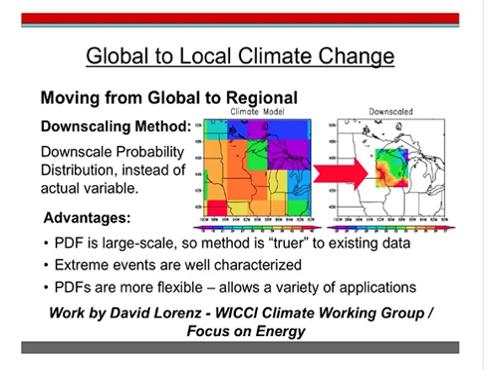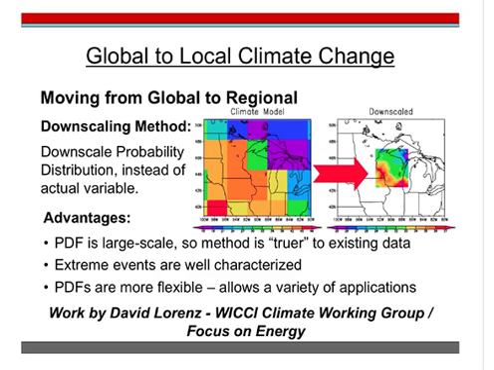Our methodology is based on downscaling the probability distribution of what could be occurring at the small scale, given that we know some information from the large scale. I'll give an example in 2 seconds here. The advantage of this is that the probability distribution is large scale, so it's more true to the existing data in the first place. We can retain the extreme events because we're interpolating this probability distribution around.